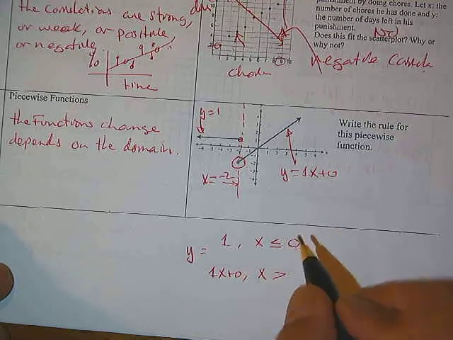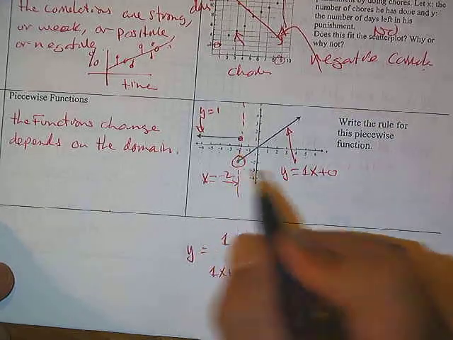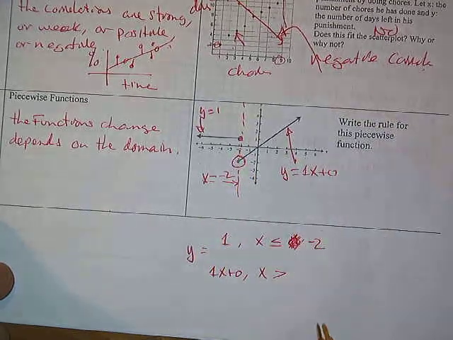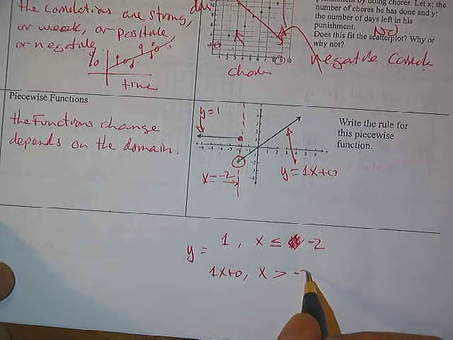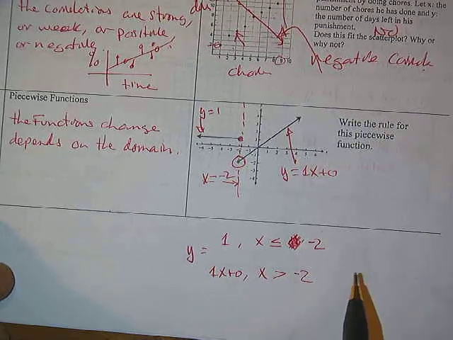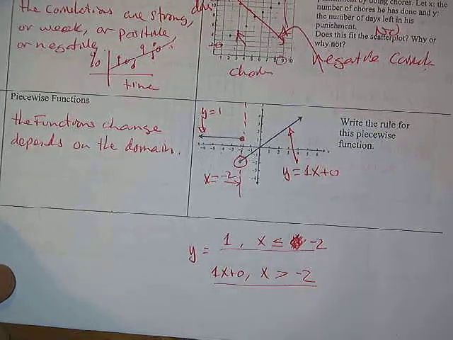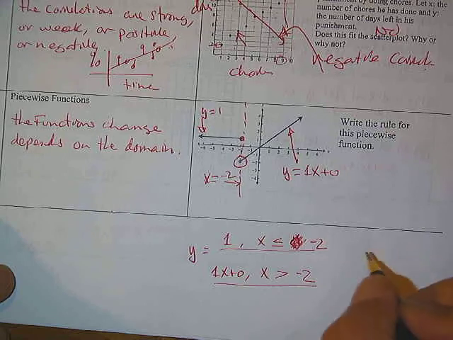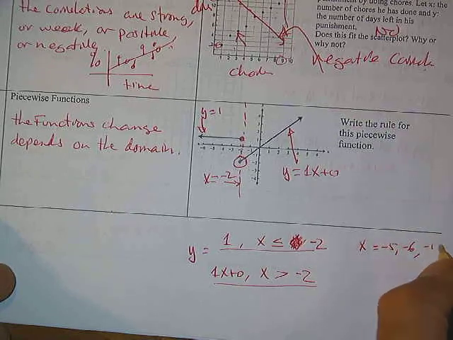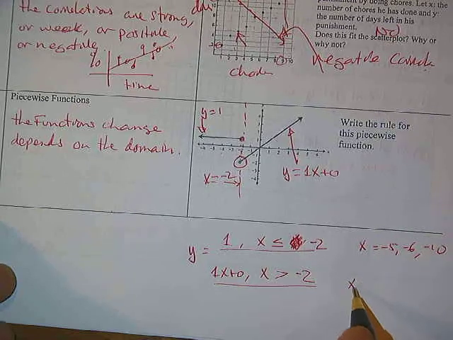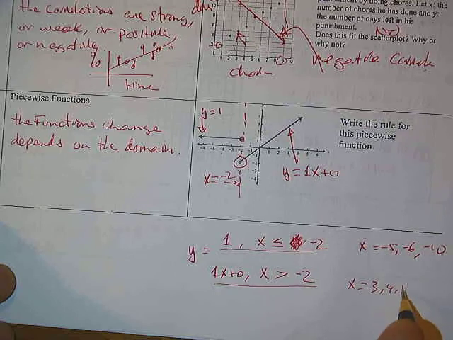Anyway, let's write the rules already. So we know that the rule is equal to 1 when x is less than or equal to 0. And then the rule is 1x plus 0 when x is greater. Oh, I screwed it up. Not 0. Not 0. When does it change? It's good until -2, including -2.